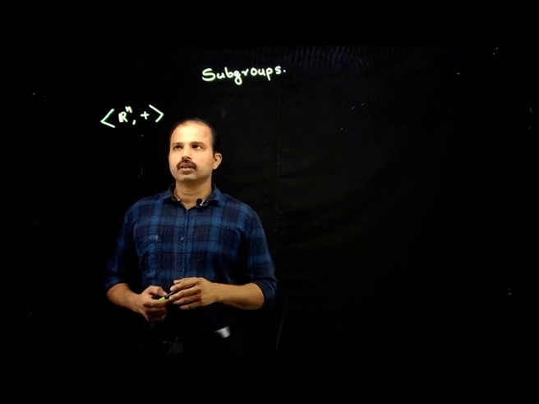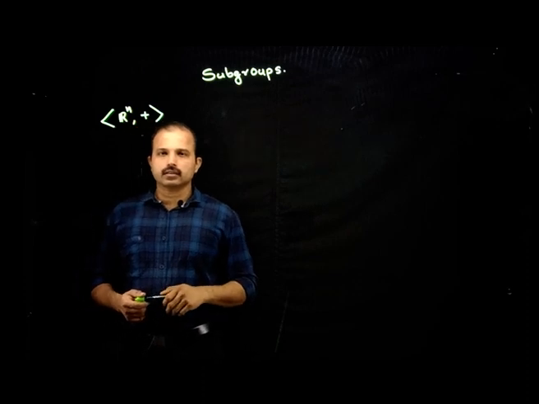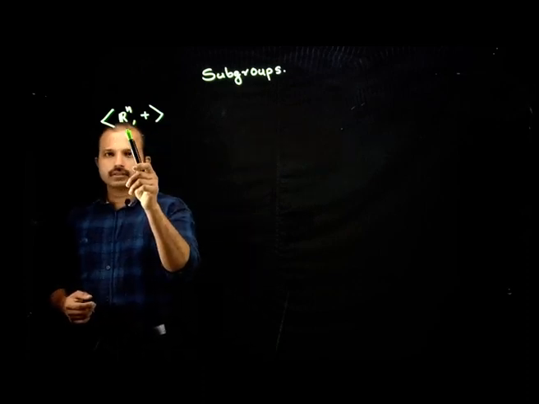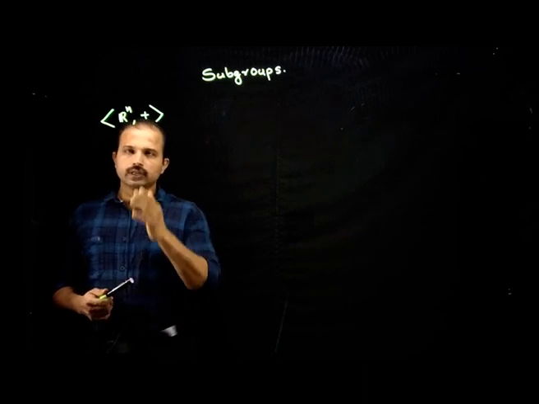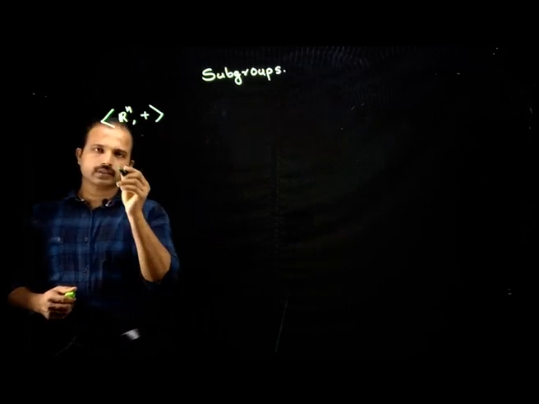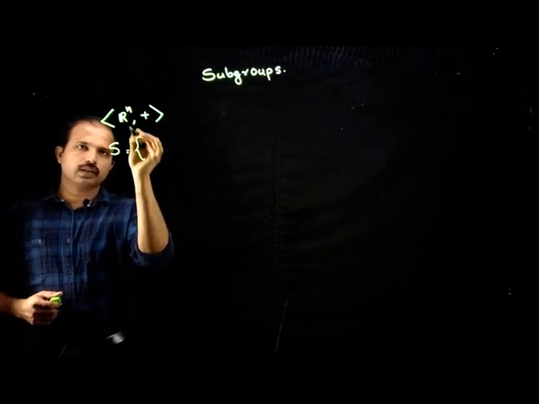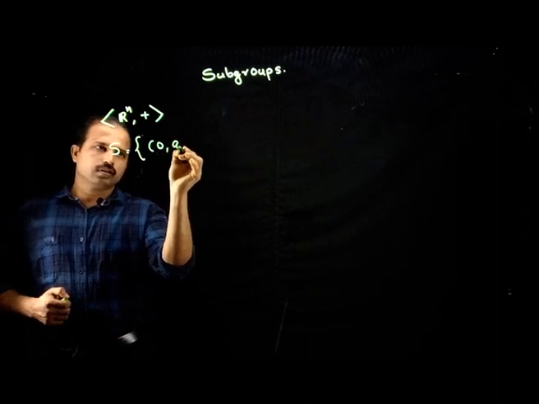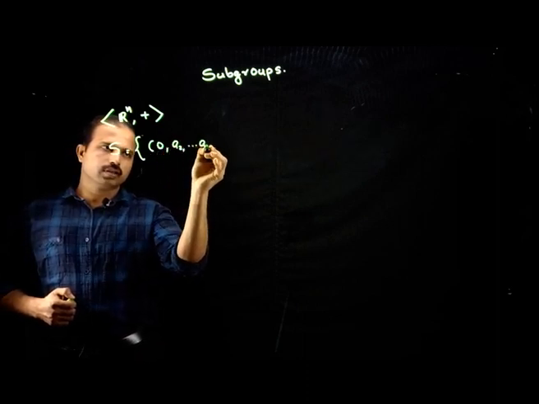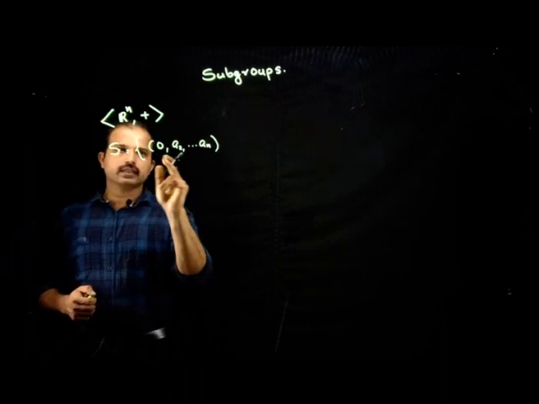Now another example: you consider the group Rn under addition. Rn means the set of all n-tuples of real numbers, and you consider the subset S of Rn. That means you consider the set of all n-tuples with the first entry as 0.